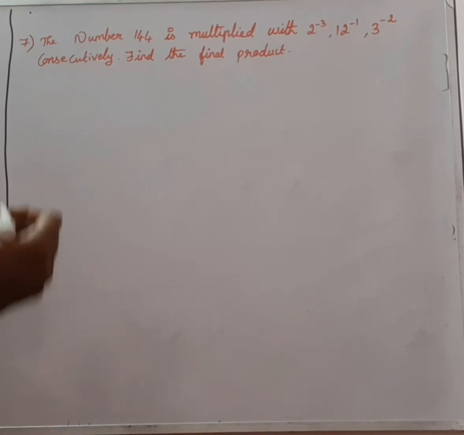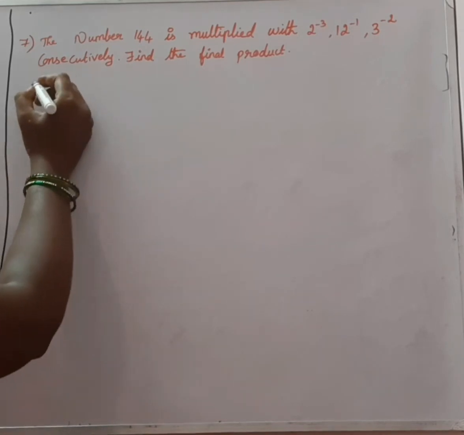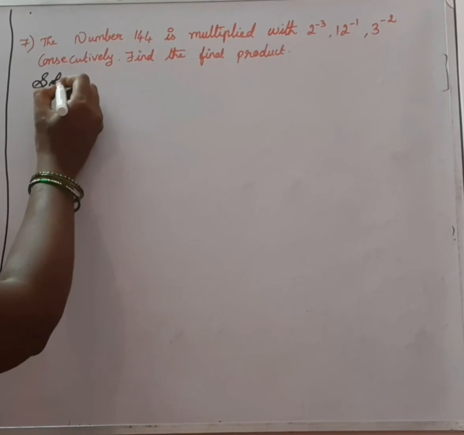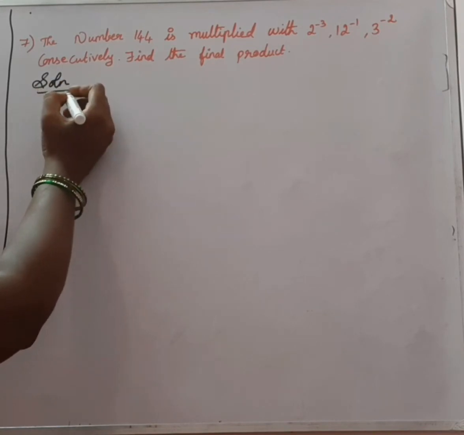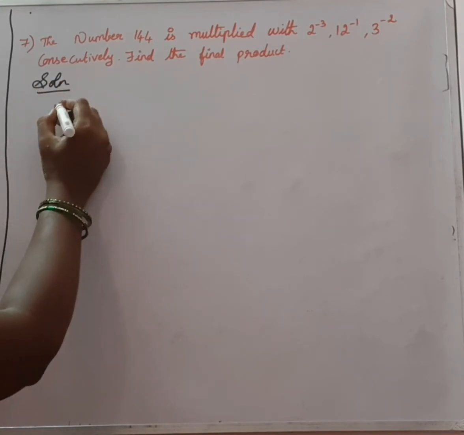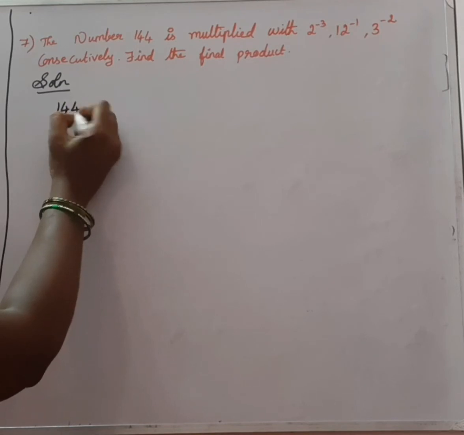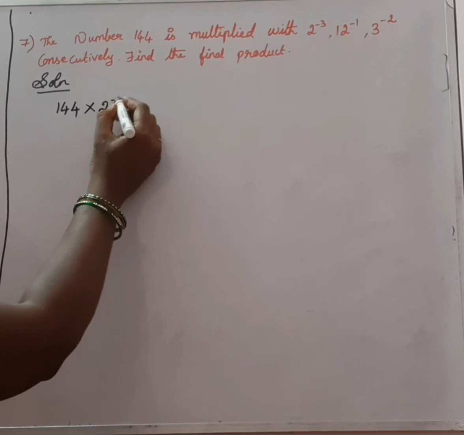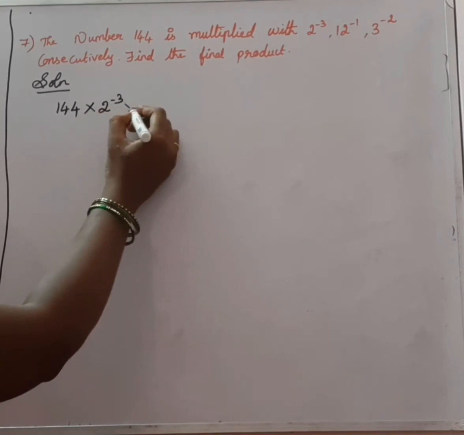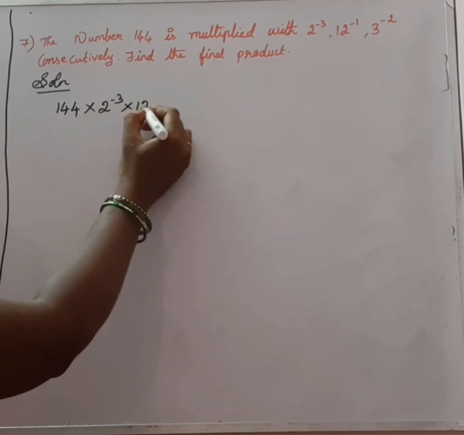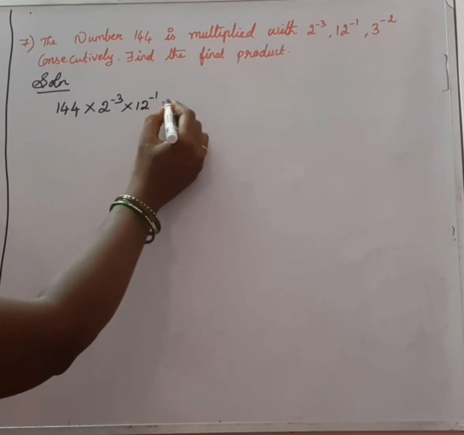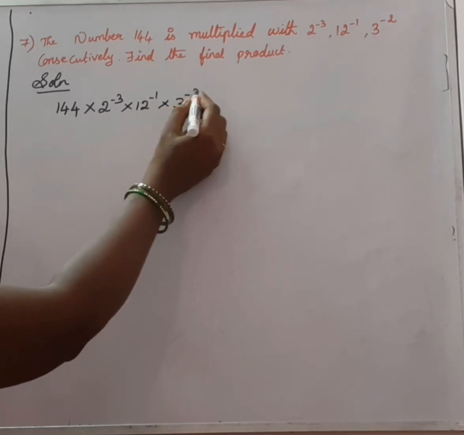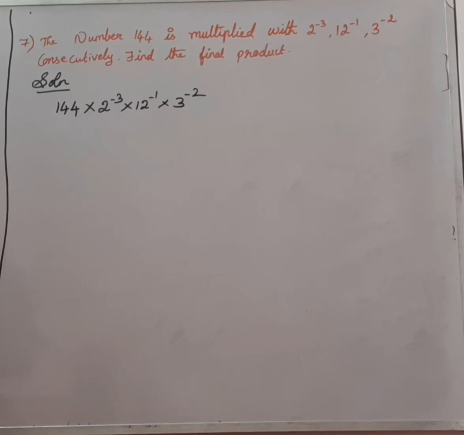So the next one is the solution. The first one, what is that? 144 into 2 power minus 3 into 12 power minus 1 into 3 power minus 2. That is the question here.